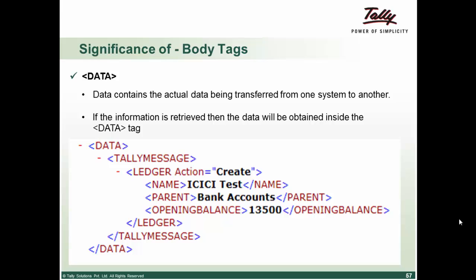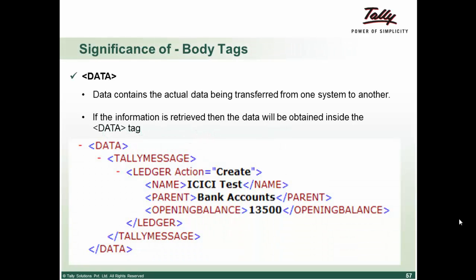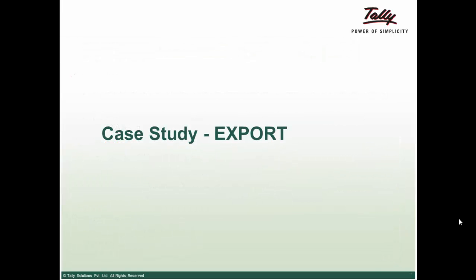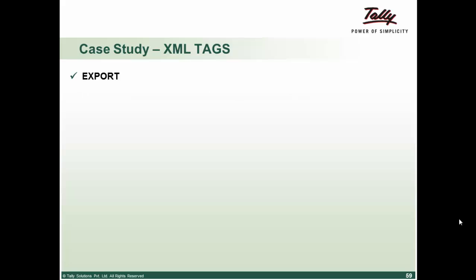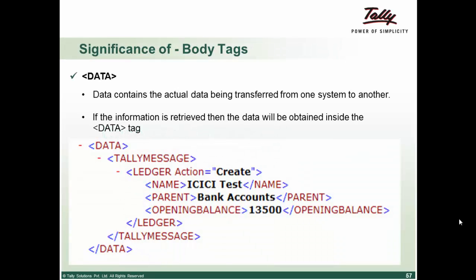So this is the data tag. So now we at least have some clear idea on exporting of the tags. Let us just do one case study of creating a ledger.